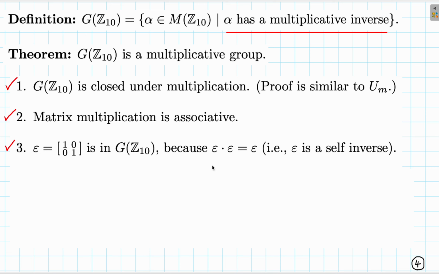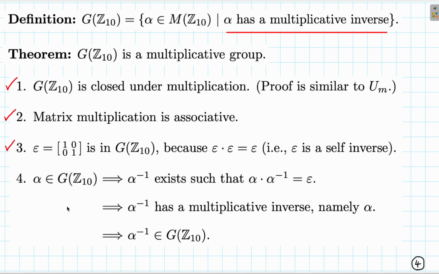And how about the inverses? Well, let's start with an arbitrary element of G of Z10. Now, our final goal is to show that not only its multiplicative inverse exists, but that it exists in G of Z10. So that's what we need to show.